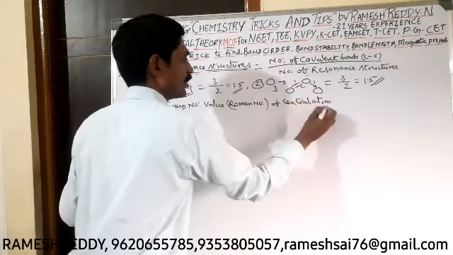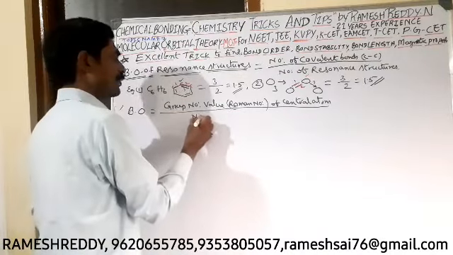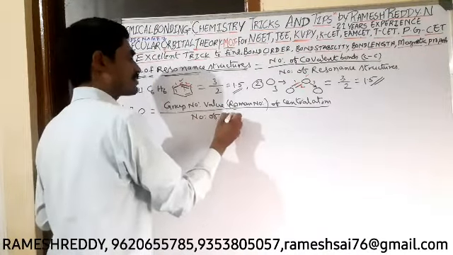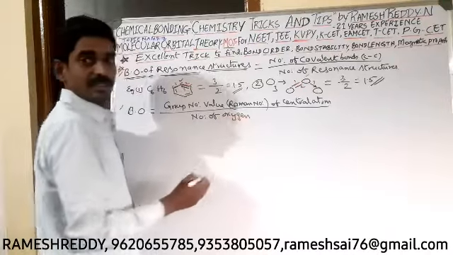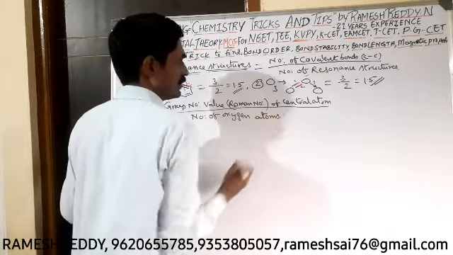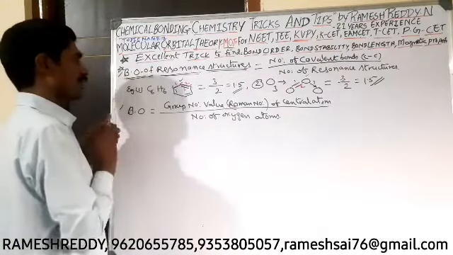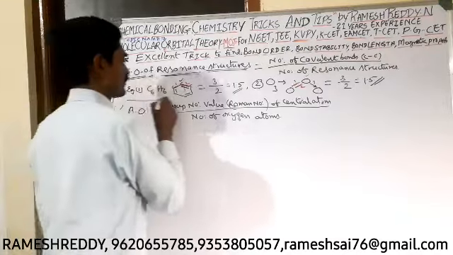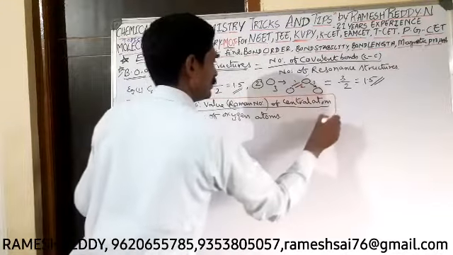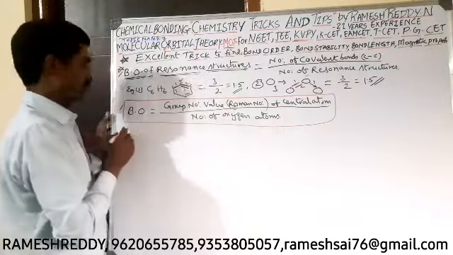That is the Roman numeral, upon the number of oxygen atoms that are surrounded by the central atom. Right? You just follow this trick, my dear students. By using this trick, we can solve some examples.